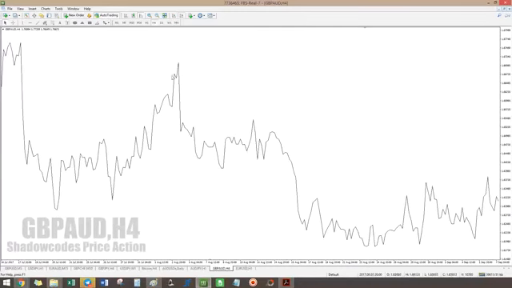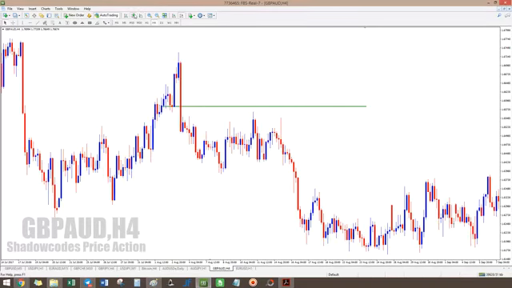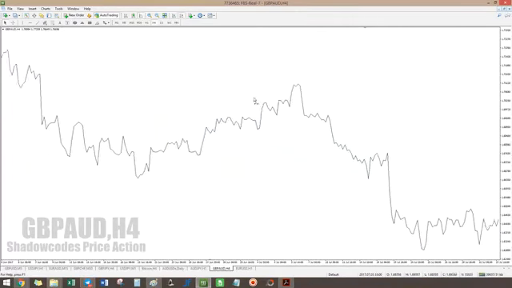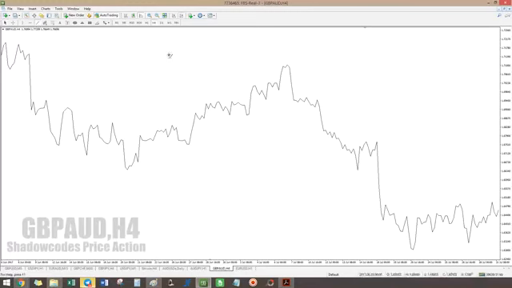This one is a downtrend, so we mark it here. There is a breakout, and then change it to candlestick. Also no entry, it's okay. We need to find another one. This one was just a bad test.